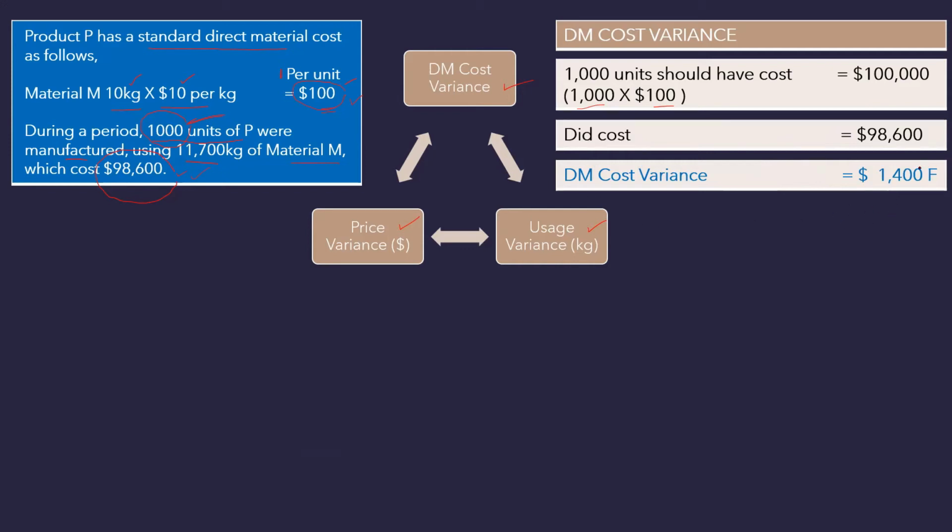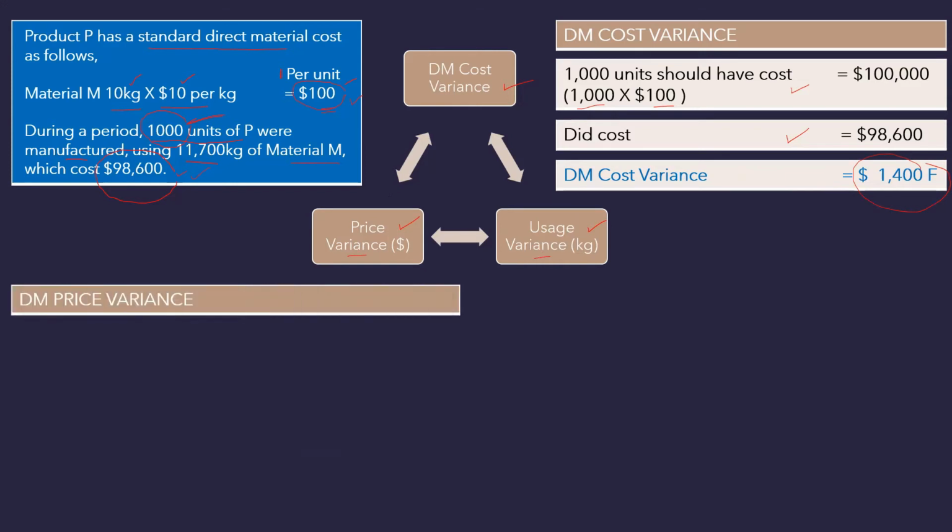This is the total variance. We planned $100,000, but we incurred $98,600. Now, the total variance consists of two components: one is the price and the other one is the usage.